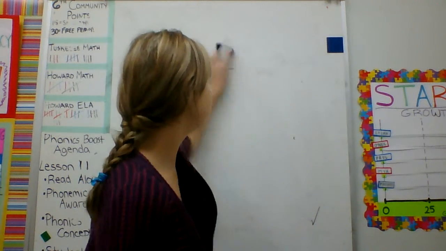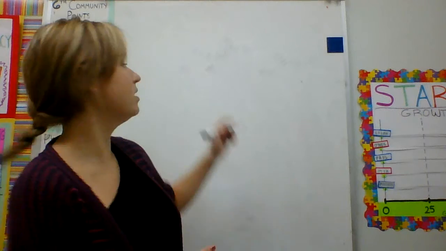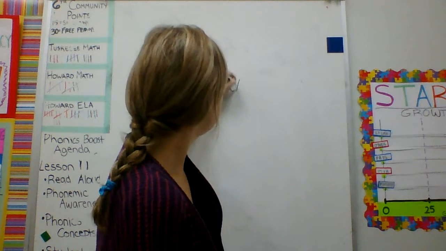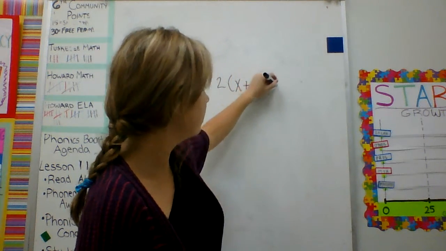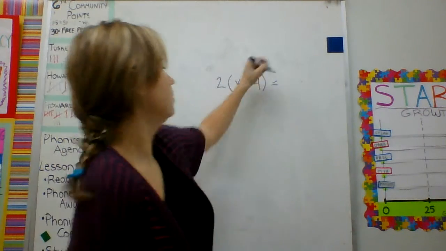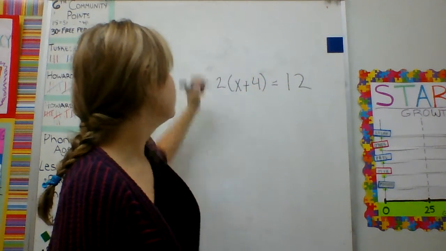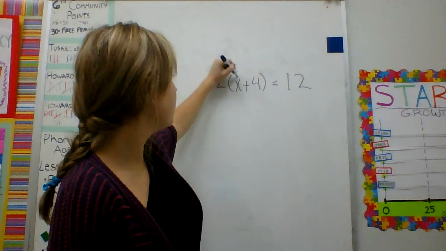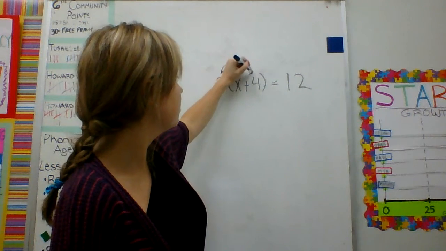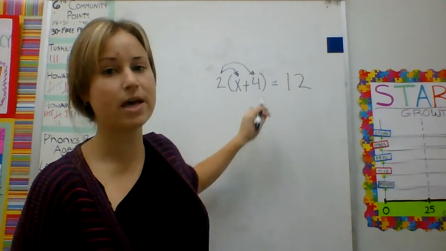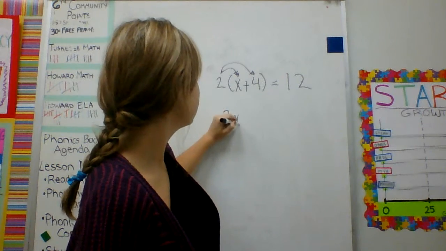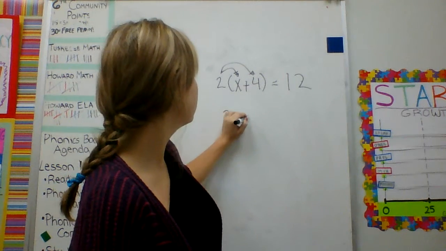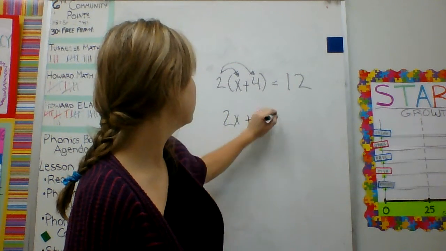Okay, example 2. We're going to go through this one quickly. 2 parentheses x plus 4 is equal to 12. So I have parentheses. I'm going to draw my arrows so I know where I'm distributing. 2 times x is 2x. 2 times 4 is 8.